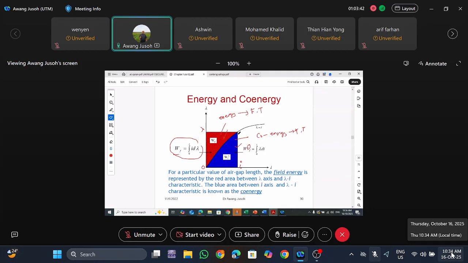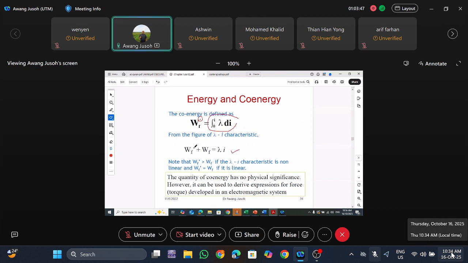So the square represents lambda multiplied by I, equal to the sum of these two parts. If the co-energy is bigger than the energy, then this system is definitely non-linear. If W F prime equals W F, this system is linear.